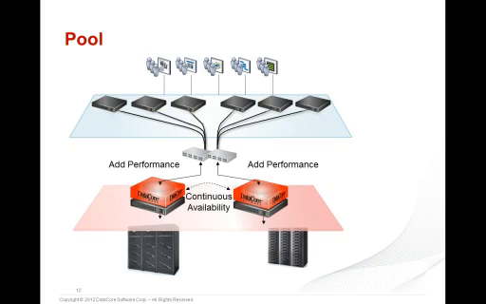Now we use the RAM on those servers for the caching. Now SAN Symphony V uses Windows Server 2008 64-bit. That allows us then up to 1 terabyte of RAM in those servers. We use that RAM for the caching. Now in most organizations, 32, 64 gig of RAM is perfectly adequate. However, you have the ability to add as much RAM as you need in terms of performance.